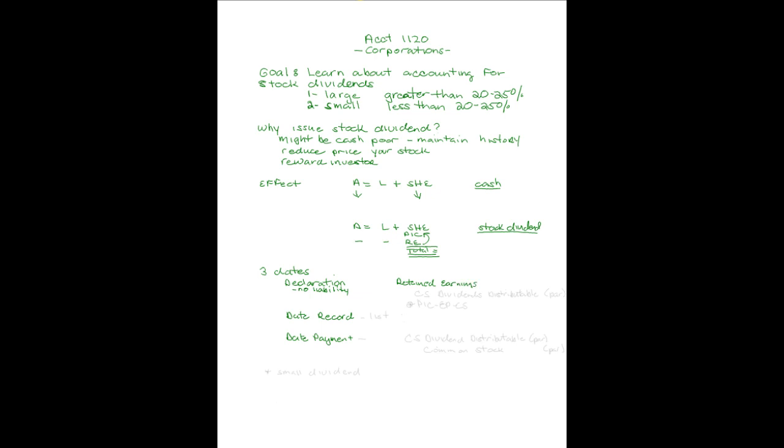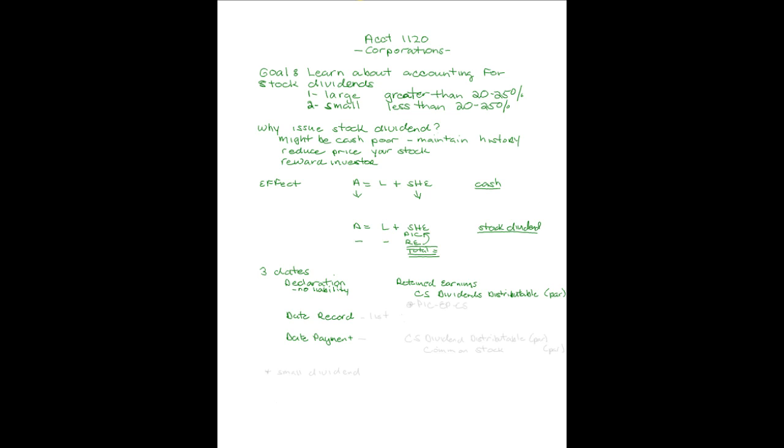You credit common stock dividend distributable, and this is a common stockholders' equity account. It's a temporary account in that it only lasts until you distribute the dividend, but it goes in common stockholders' equity, and the amount goes in at the par value of the distribution.